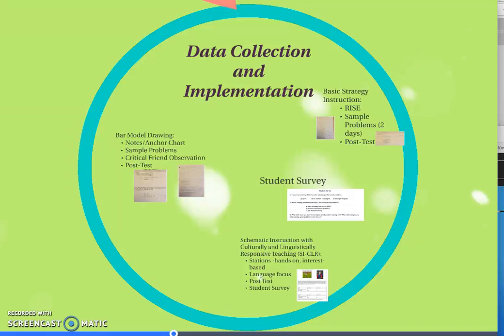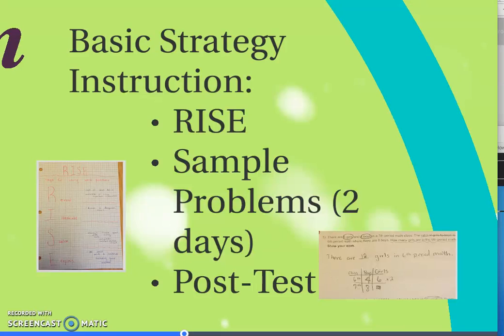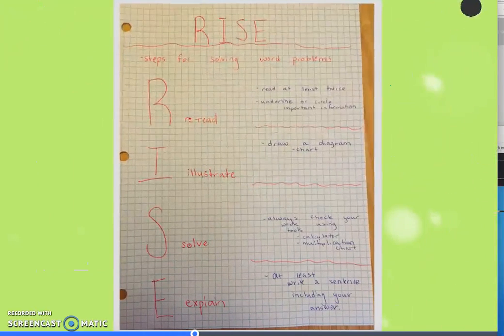So as I mentioned, I gave the pretest, and then we focused on the basic strategy instruction. For this process, I used the acronym RISE, and we made a note-taking sheet like this, going through the steps of solving a word problem. I encouraged students to read a problem at least 2 times, and while they did that, to circle and underline important information.